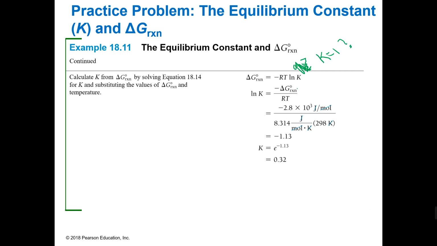So once we rearrange and plug and chug here, you just have to remember, I'm just going to bring this down, natural log of K. You got to remember your log function rules. We can simply say K is equal to e to the negative power of whatever that number comes out to be.